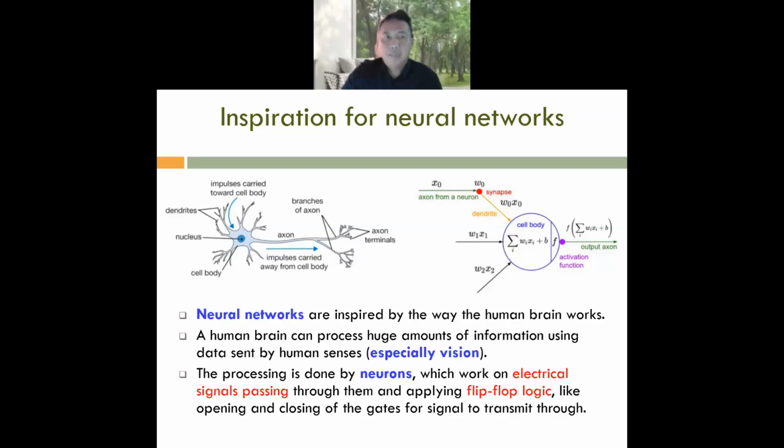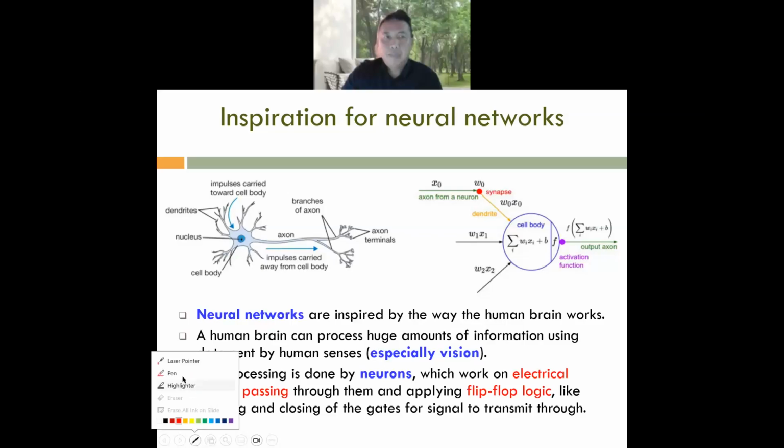So the most important part is the neuron, because the neuron is the one that processes all the information that we get from our input. So if we try to do a comparison between our brain and the neural network topology.